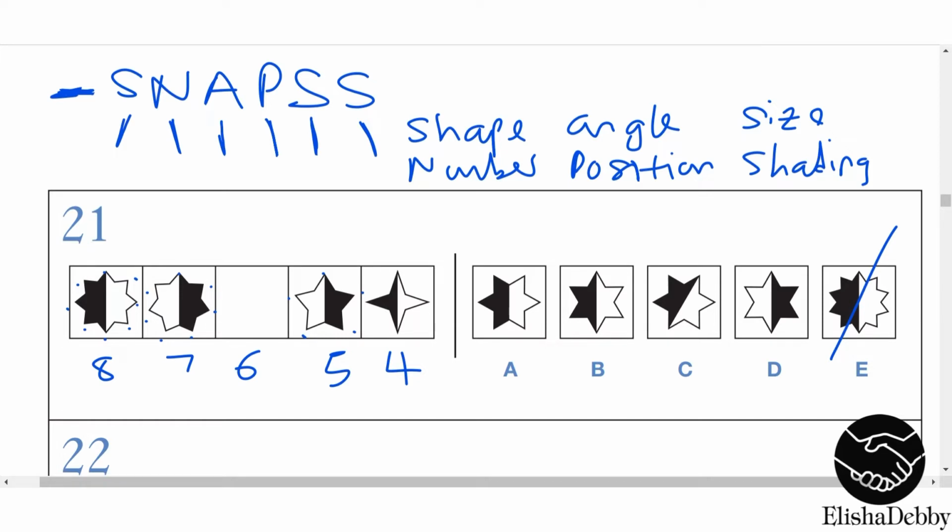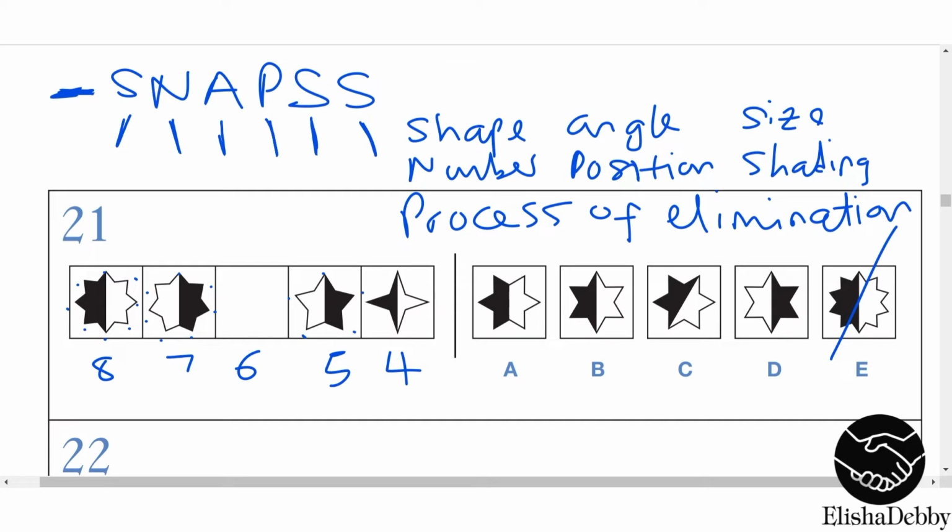And once you do that, use a process of elimination to solve your problem. So we have cancelled E, but it can be either A, B, C, or D. We've done the shapes and the number of sides.